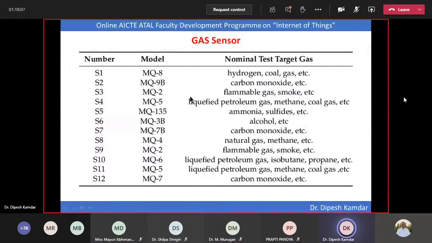Based on the application, we need to select the sensors for what we want to find out, and basically what the use of the gas sensor in the system is. If you just want to detect whether gas is present or the amount of gas present, depending on that, we can use any of these gas sensors, which are easily available.